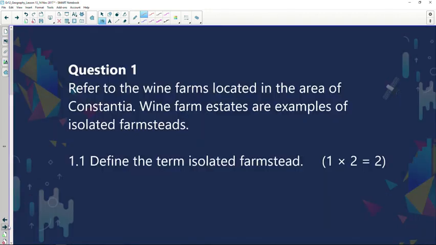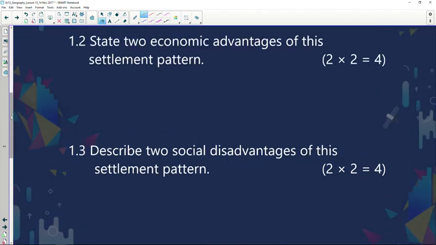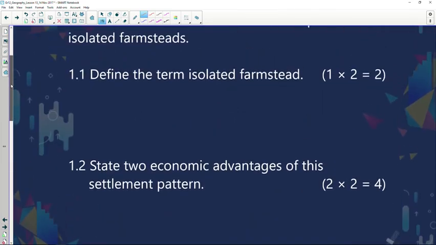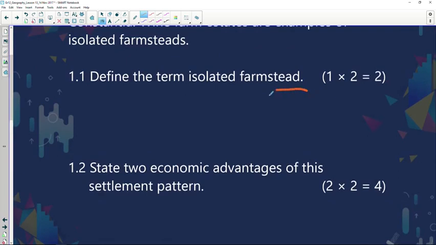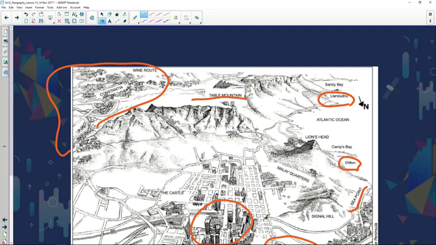Refer to the wine farms located in the area of Constantia. Wine farm estates are examples of isolated farmsteads. Now, define the term isolated farmstead. Now let's quickly look back at it. As you can see, there's the wine farm of Constantia. You can see the main house over there.